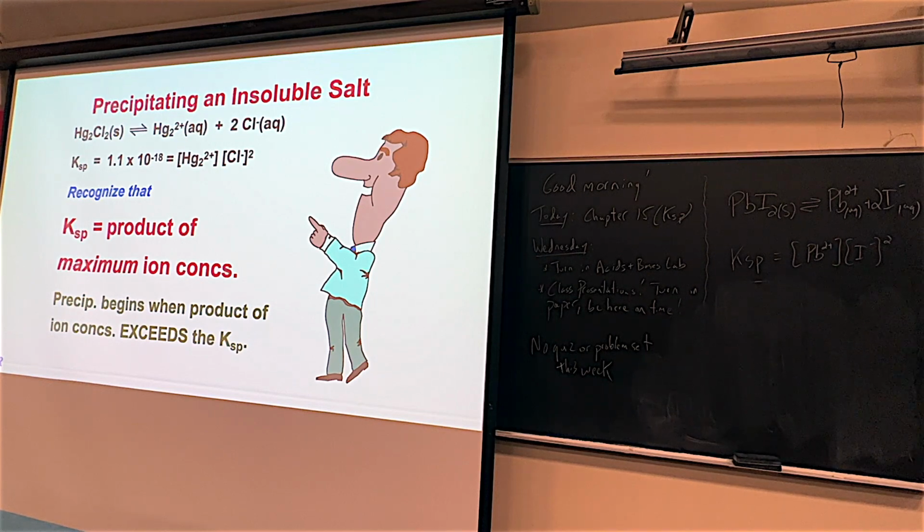So what this means is that if our mercury is 0.010, we'll put that in there, and we're going to solve for chloride. And the number that pops out is literally the threshold between not having a solid and having a solid. All right, it's a real important number when it comes to chemists figuring it out.